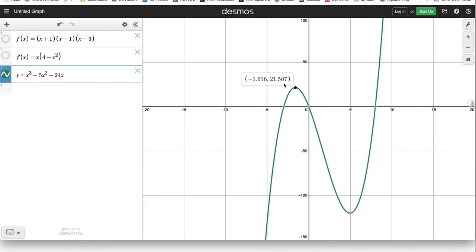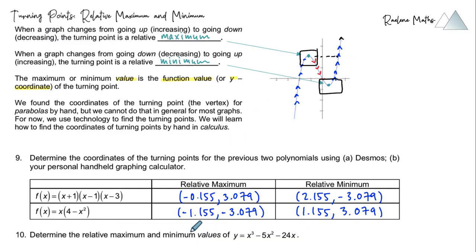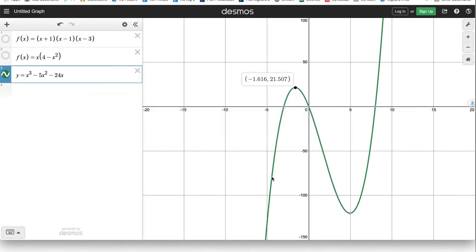comma 21.507. Now notice that the question in this case asked for the maximum and minimum values, the relative maximum values. That means that we only want the y-coordinate. And so the relative maximum has a y-coordinate of 21.507.